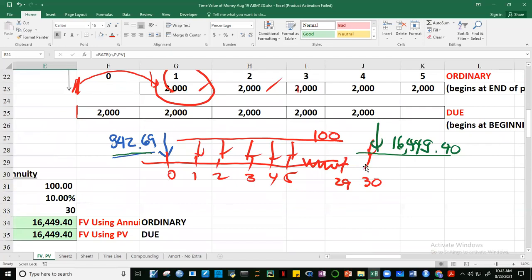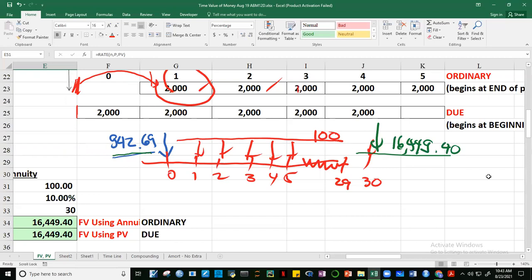Okay, but take note, these are equivalent lang, hindi siya separate na cash flows.